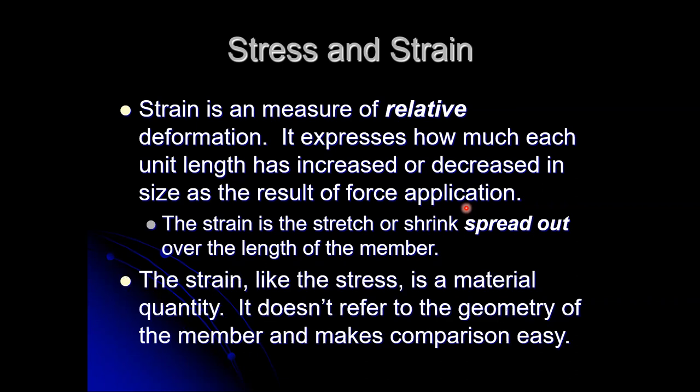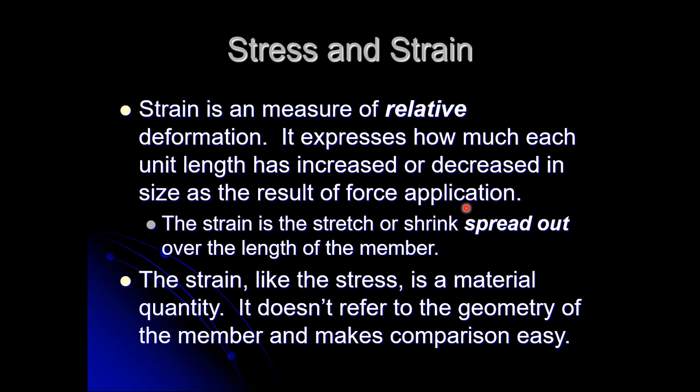And this is a material quantity. Once we divide out that length and we have 10 thousandths of an inch per inch of growth, we don't need to know how many inches we're dealing with anymore. We could then apply that to something longer and say, well, if I'm dealing with a 10-foot long piece, a 120 inch long piece, how long is that going to grow to? We can apply it to a different situation because we've internalized, we've gone inside the structure and we've lost the external geometry.